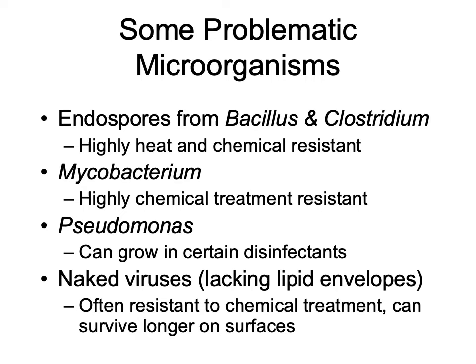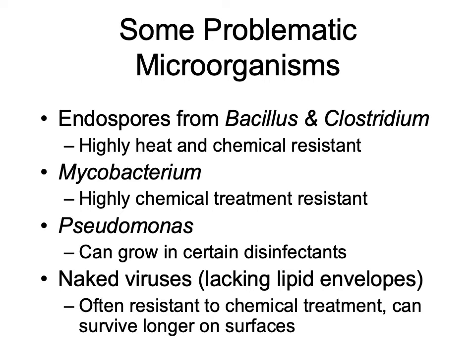Now, there are some problematic microorganisms that we have to be even more careful with. We have to think about the bacteria that can form endospores, like Bacillus or Clostridium. Those types of bacteria are highly heat and chemical resistant.